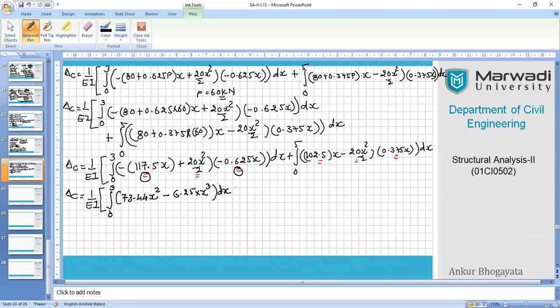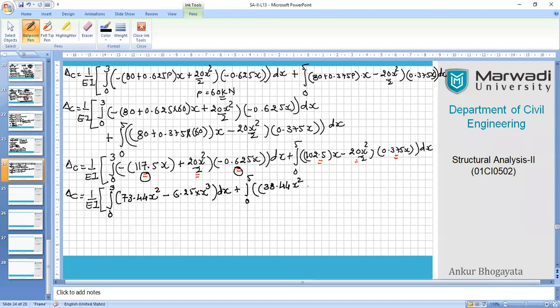Okay, so plus we have 0 to 5, right? Big bracket again, 102.5 to be multiplied with 0.375, so 0.375 into 102.5 is 38.44 again. So let's write down 38.44 into x square, right?